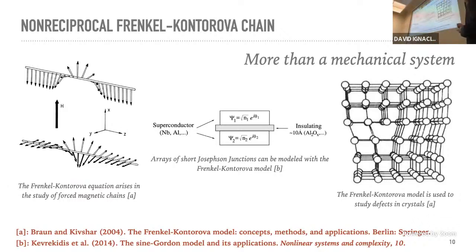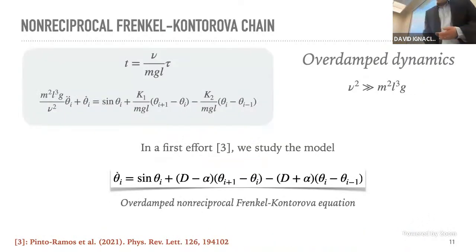I want to say also that this model, the Frenkel-Kontorova model, is not only a toy model of pendulums, it also appears in other dynamical systems and physical configurations, like in magnetic wires, also in arrays of short Josephson junctions, and it was also a very important model to understand the defects in crystals, okay? So it's rather a universal model that tends to appear in several dynamical systems.